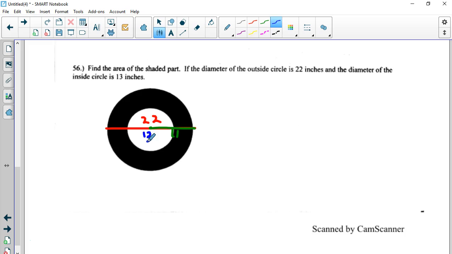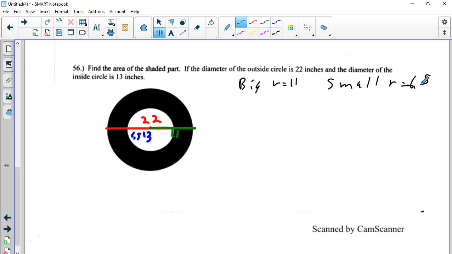Which means the radius is going to be 6.5. So to make your life easier, remember, the radius here is 11, and the radius here is 6.5.